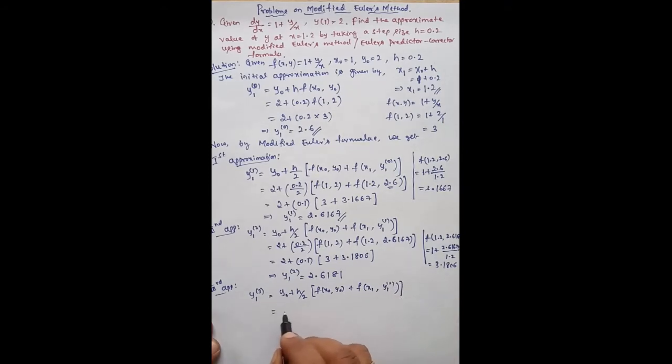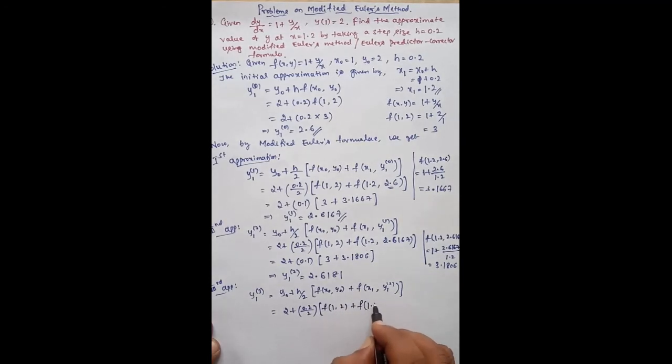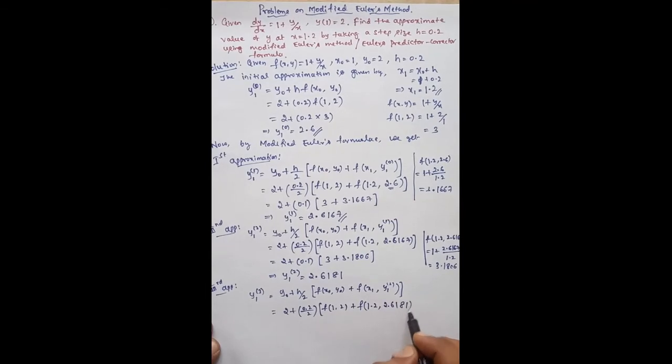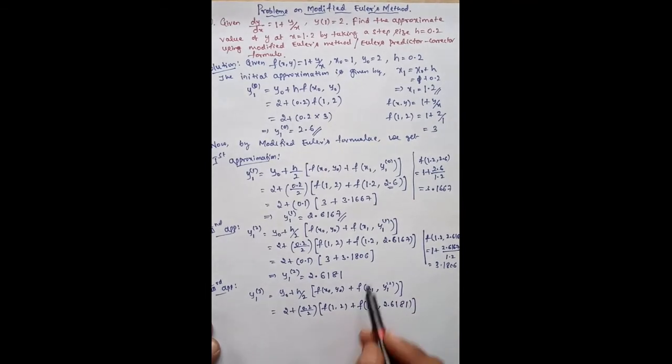So substitute now, again the same, 2 plus 0.2 by 2 into f of 1 comma 2 plus f of 1.2 comma, what is y1 power 2? 2.6181. So in the same way, whatever we did here, if you simplify, you get the value of y1 power 3, and this value is 2.6182.